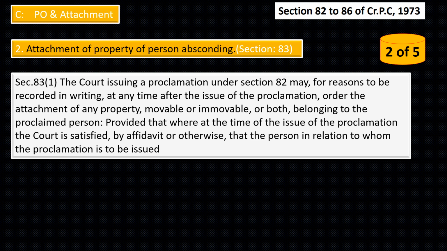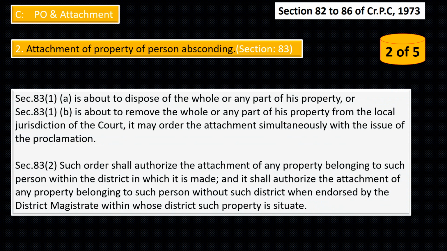provided, meaning subject to condition, that where at the time of the issue of the proclamation the court is satisfied by affidavit or otherwise that the person in relation to whom the proclamation is to be issued is about to dispose of the whole or any of his property, or is about to remove the whole or any part of the property from the local jurisdiction of the court, it may order the attachment simultaneously with the issue of proclamation.